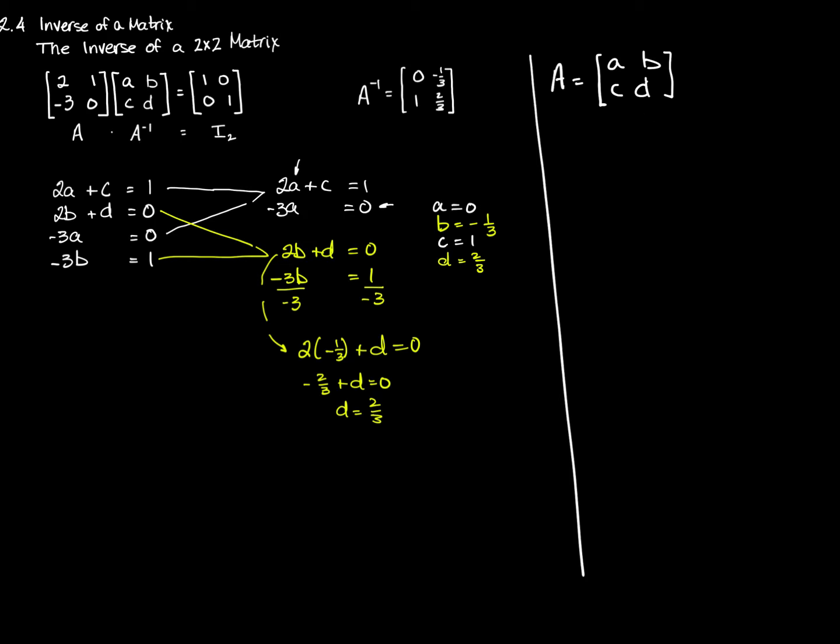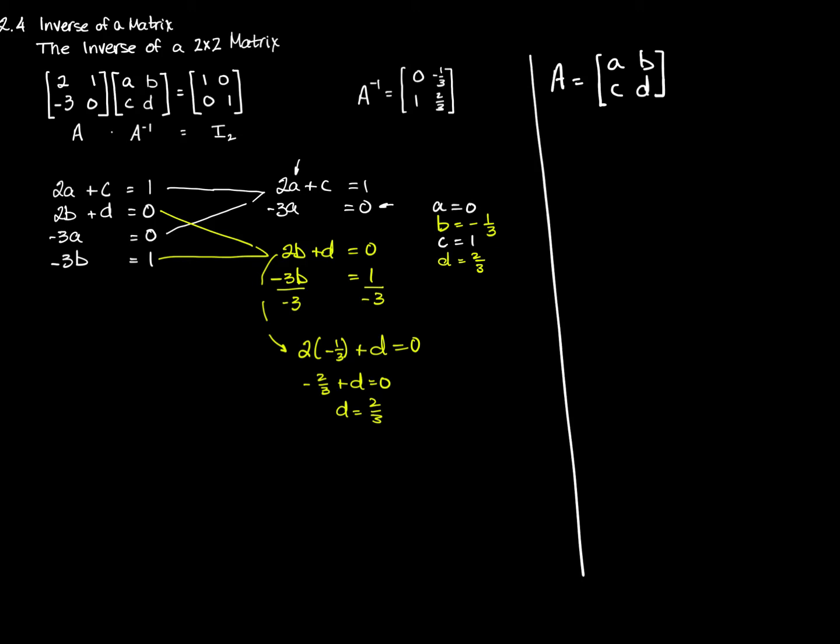And here I'm using A, B, C, and D for my matrix A. So be aware as I go through this process that this A, B, C, and D is not the same as the A, B, C, and D I had over here. This was for my inverse. This is for my original matrix A.